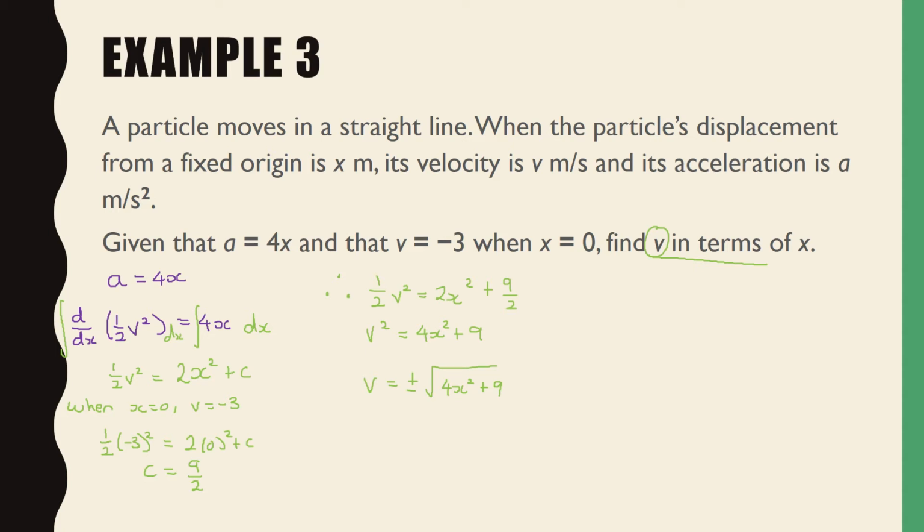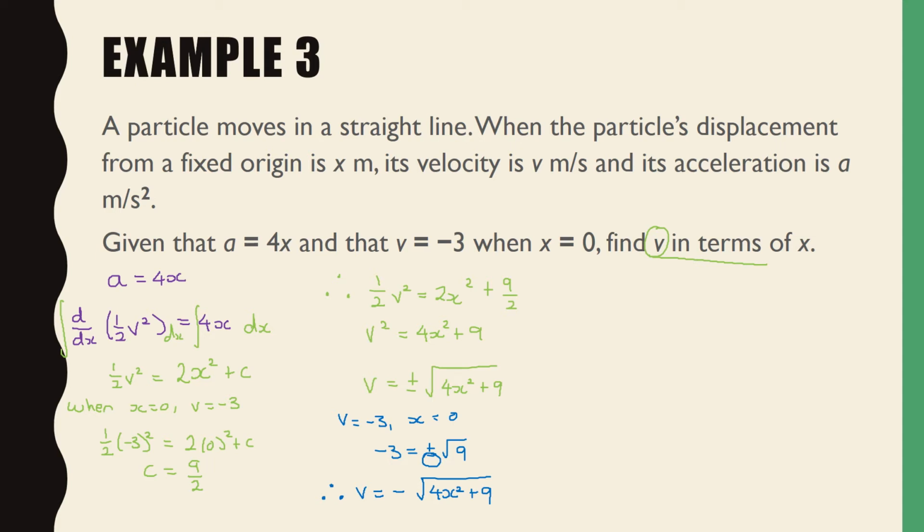If I put my initial condition back in, x equals 0, I'd get negative 3 equals plus or minus square root of 9. To make this correct, I need the negative square root. I know it doesn't happen very often that we end up with the negative one, but that means v equals negative square root of 4x squared plus 9, which is our answer.